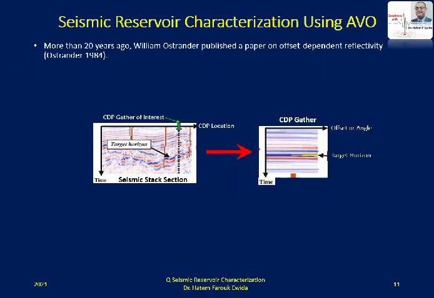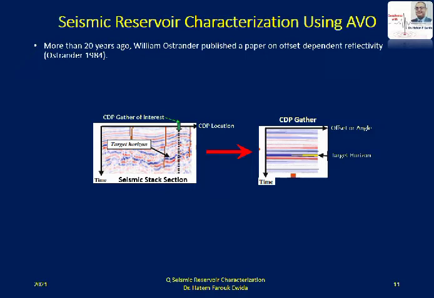If you remember the processing, we have pre-stack processing. So I can return to the pre-stack and extract the CMP gather, or the CDP gather, and follow the amplitude from the near offset to the far offset and check, does it change or not?